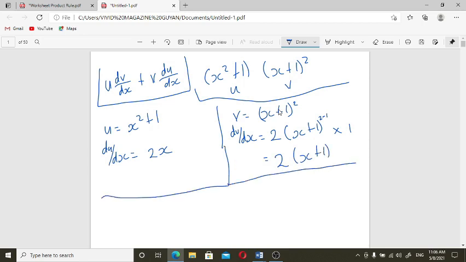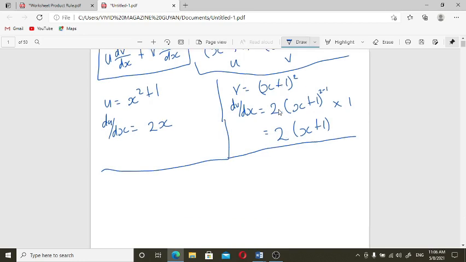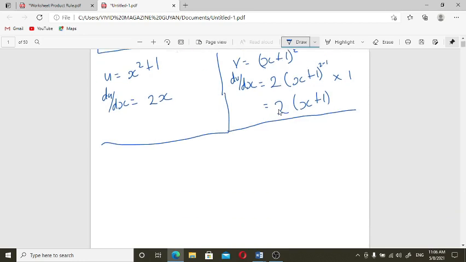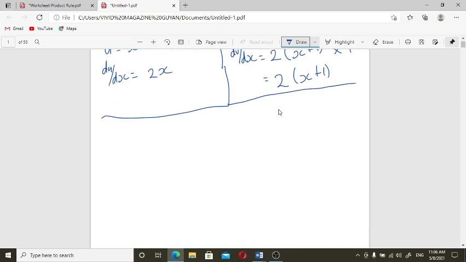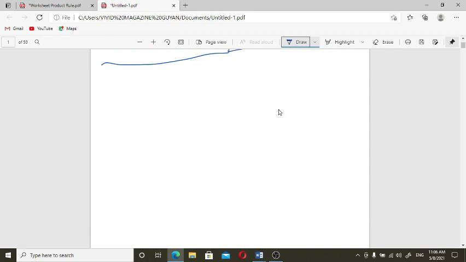So the reason why I do it this way is because I am able to see what u and v are, and what du dx and dv dx are. So I now put it all together. Looking at the formula, I probably should write it back once more. So I have u dv dx plus v du dx.